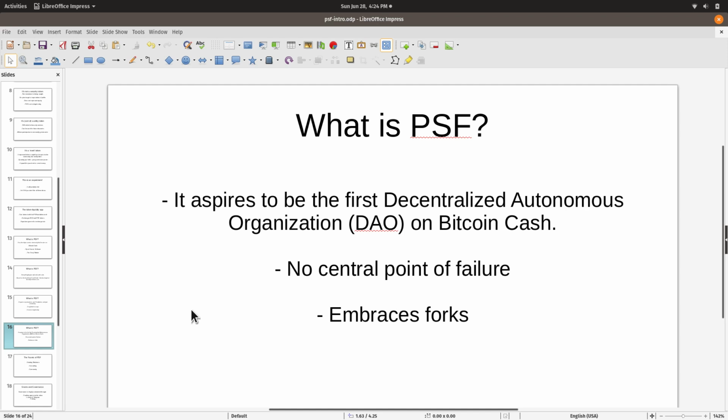We have to start somewhere, but very quickly this organization is changing itself into a form where no one individual is critical to the functioning of the organization, and it embraces forks. And I'm going to talk about that when I get to the governance section, but that's a really important governance mechanism, forking.